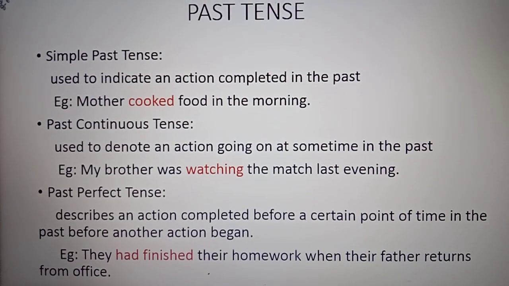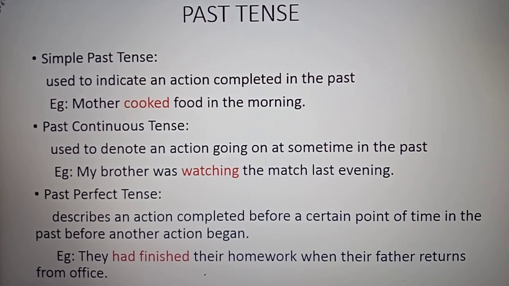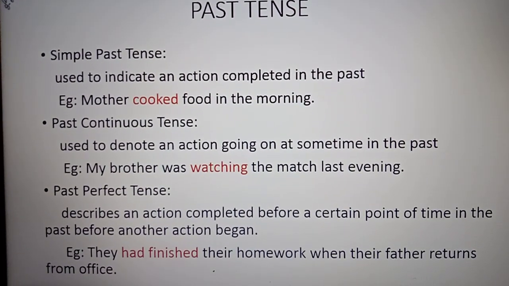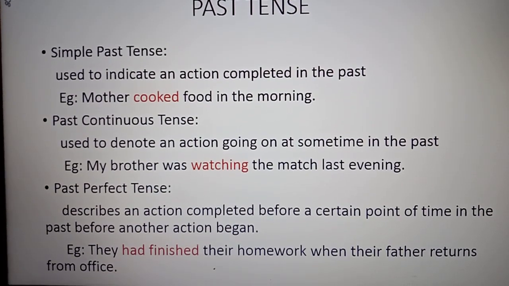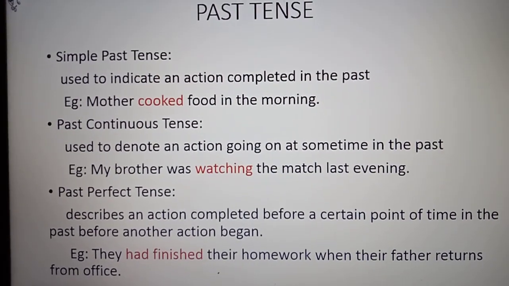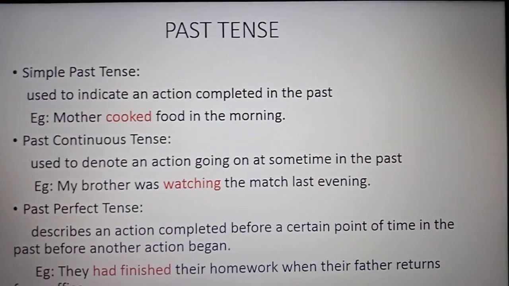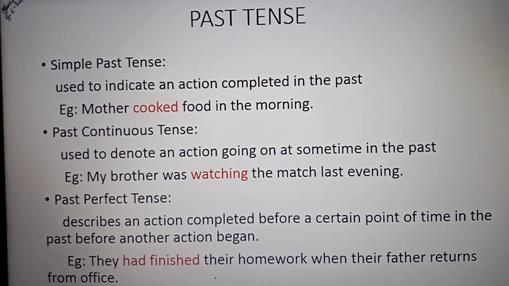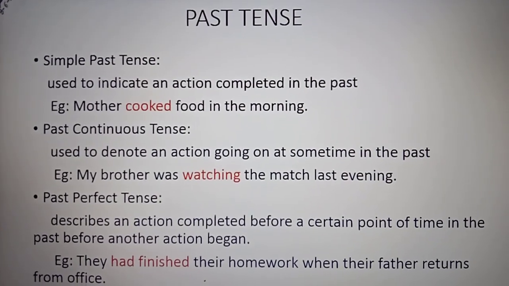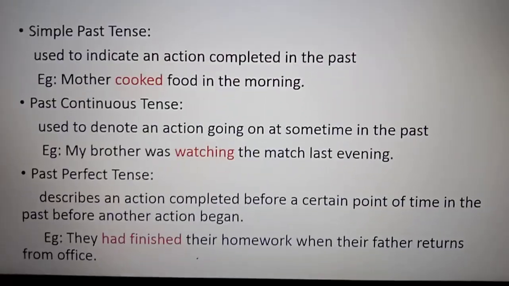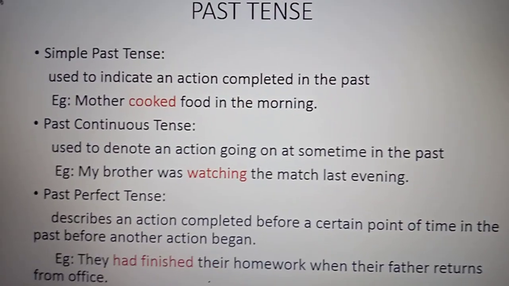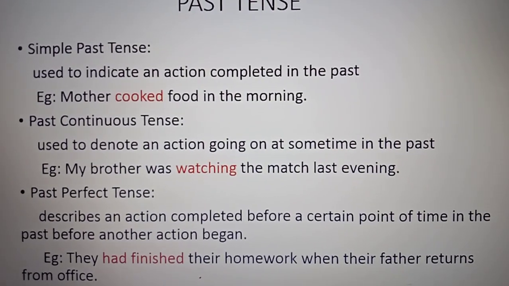If you understood the first form, it will be easy for you to understand the second form also. This is used to describe an action completed before a certain point of time in the past. It was completed just before a certain point of time.